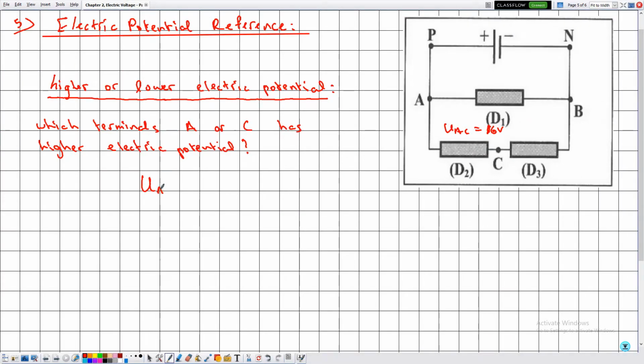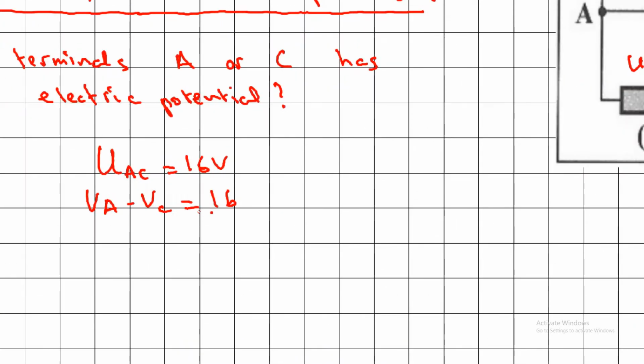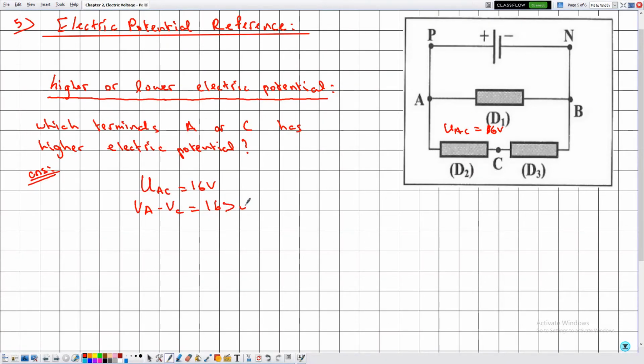So let me say that this is the answer. UAC is equal to 16 volts, and we know that the electric potentials VA and VC are encoded in UAC, and they are given by VA minus VC is equal to 16. Notice that 16 is a positive number, which means that VA minus VC is positive, which means that VA is greater than VC.